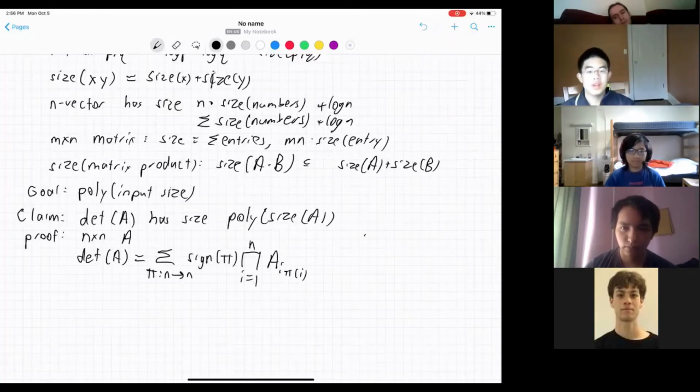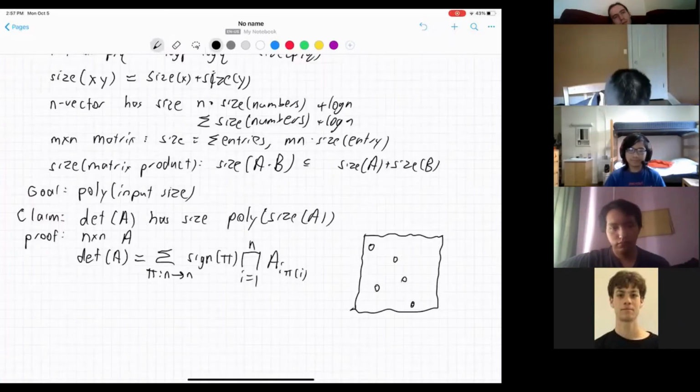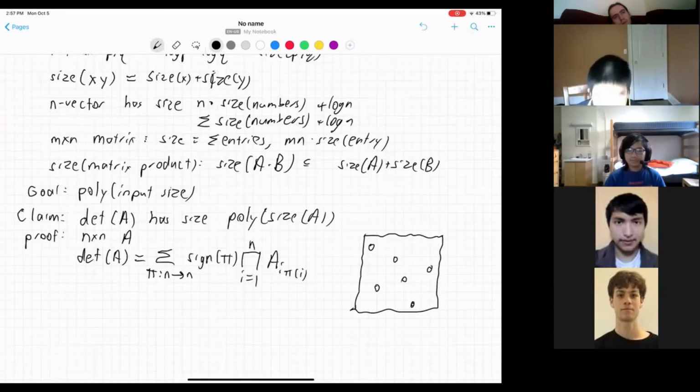Essentially, what it's saying is that you take your matrix, and to get a single term of this product, you pluck one entry out of each row and column, and you multiply them all together. Okay, and that gives you one term. You then multiply it by the sign of the permutation, which is plus or minus 1, depending on whether you've done an even or odd number of swaps to create that permutation, and then you sum that over all of the terms.